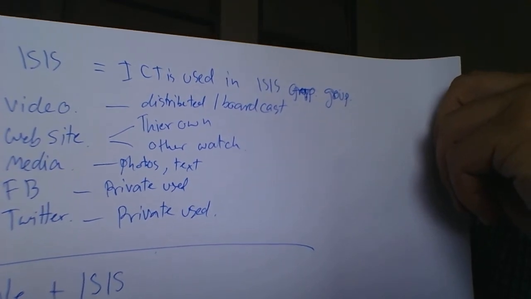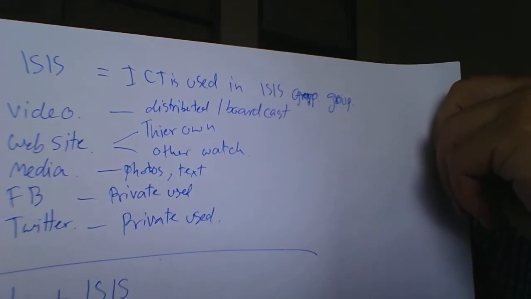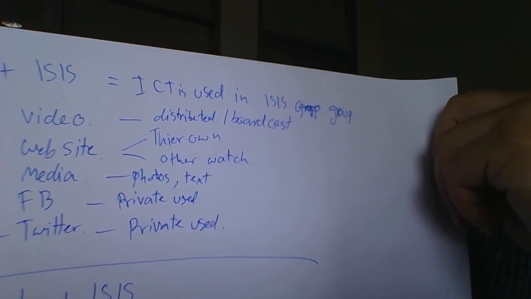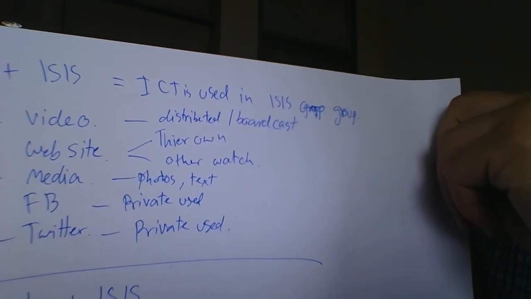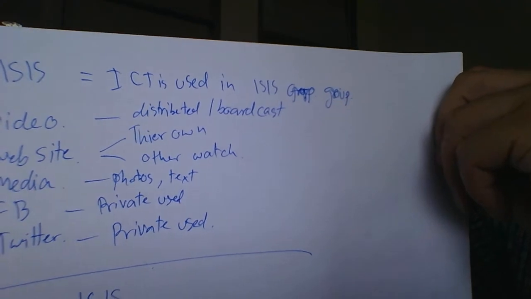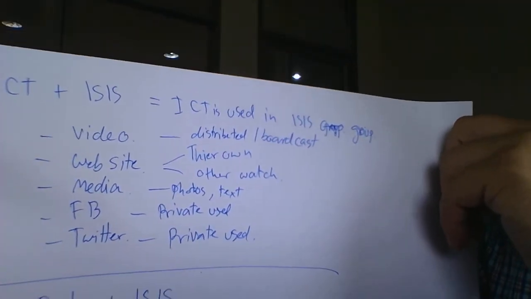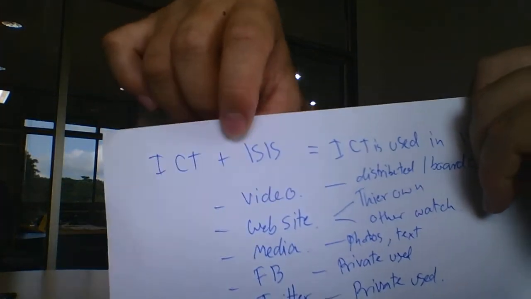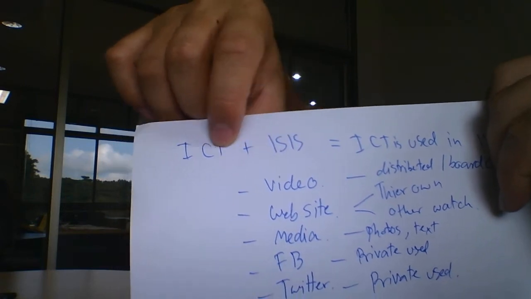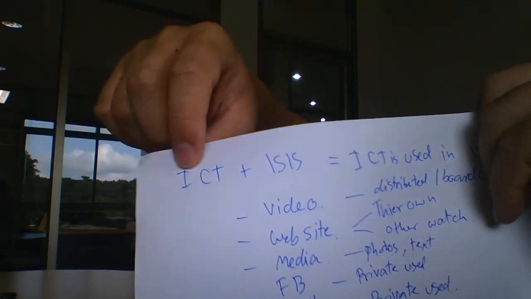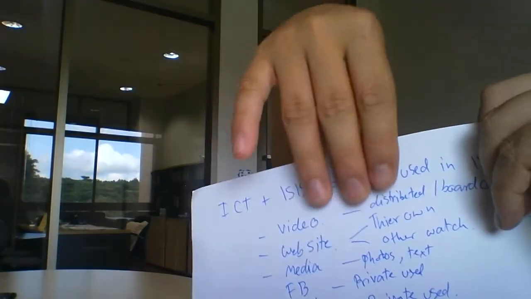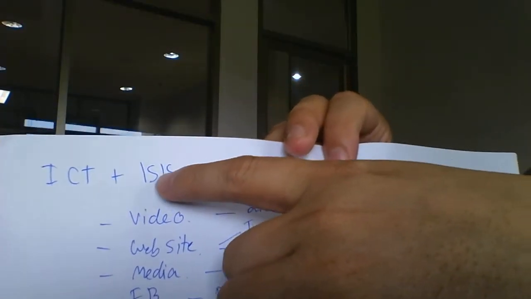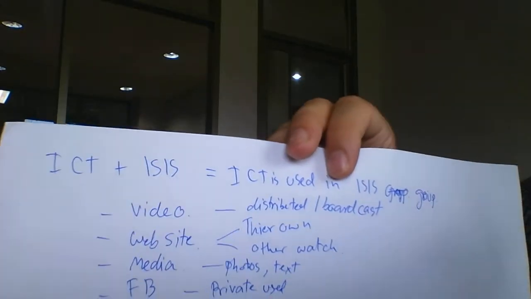They have Facebook, maybe used for private use. They also have Twitter. There is some news talking about that, and the FBI saying that they track people by using Facebook and Twitter. So there is evidence that ICT is used in the ICT group organization. But here we are not concerned about roles, impact, or that kind; we only see that there is ICT in the ICT group.